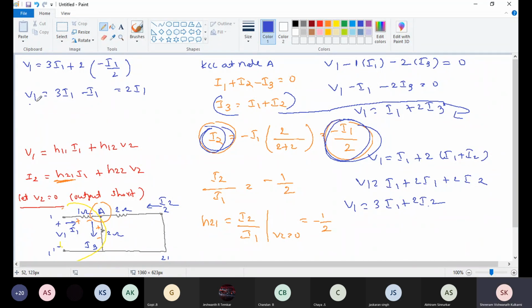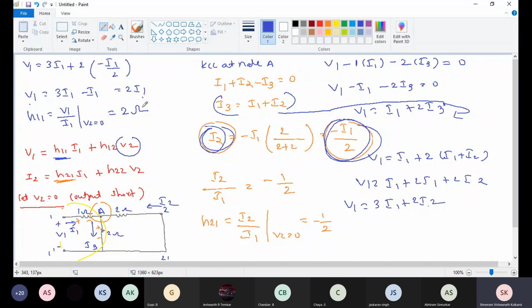See here, V1, I1, V2 is 0. We get H11, H11 is equal to V1 by I1 with V2 equals to 0, that is 2 ohm.